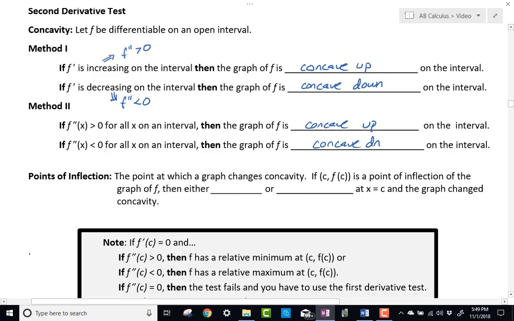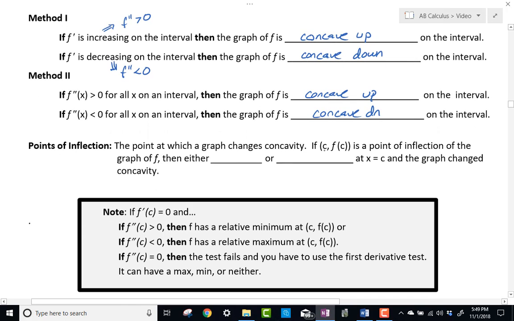Points of inflection, the point at which a graph changes concavity. So if f of c is a point of inflection of the graph of f, okay, then either f double prime of c is equal to 0, or f double prime does not exist. Now, what do we mean by that?